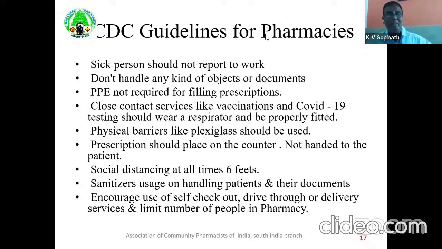Then social distancing and sanitizer use, which everyone knows. Finally, it is encouraged to use self-checkout, drive-through or delivery services so that it limits the number of people entering the pharmacy. So these are some of the guidelines issued by the Center for Disease Control for pharmacists.